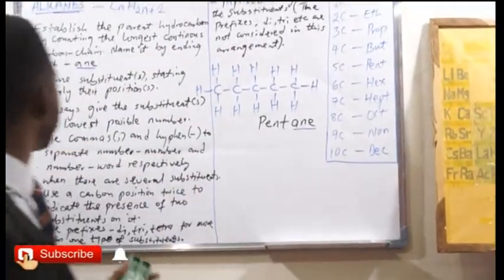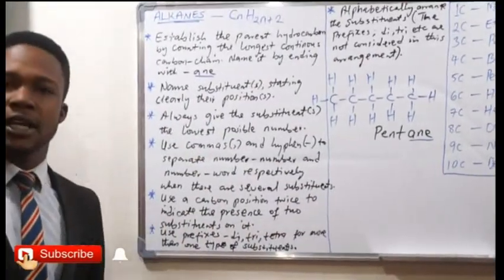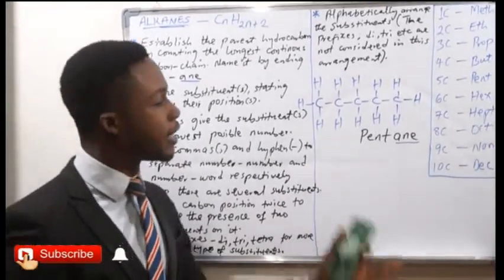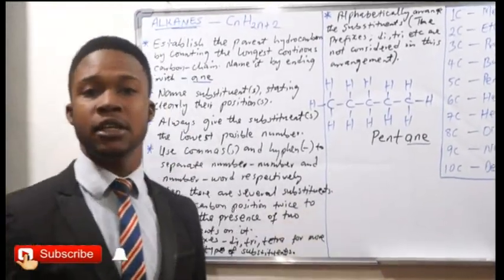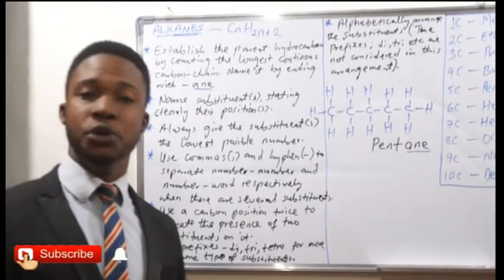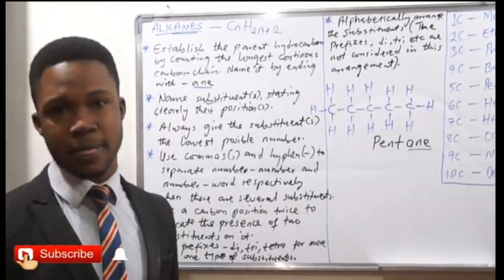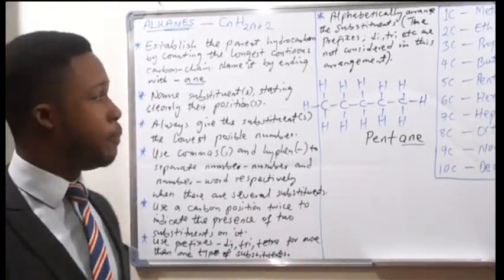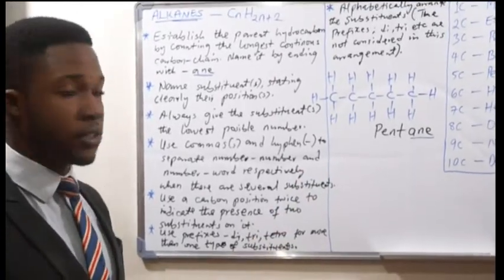Secondly, we must note that an alkane can accommodate attached groups, which we know as substituents. And these substituents can take any position of their choice.